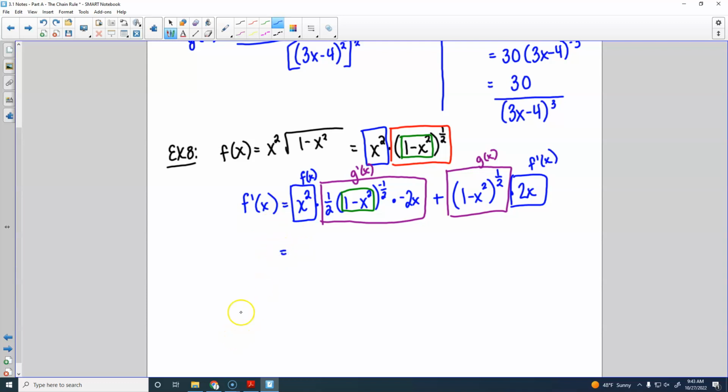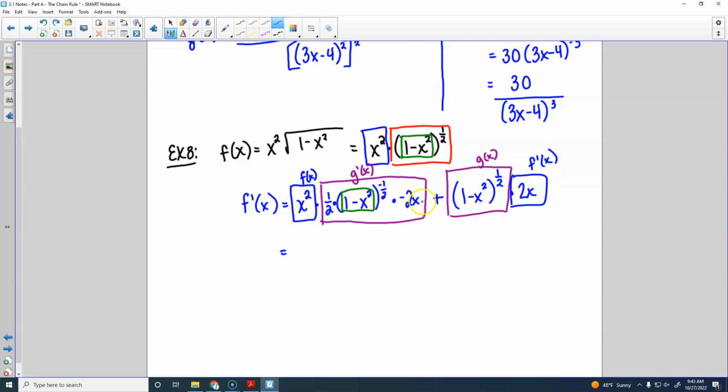So remember, all of this stuff right here is multiplied together. So I've got x squared, a 1/2, a negative 2x. I can put that stuff together. The 1/2 and the negative 2 gives me negative 1.